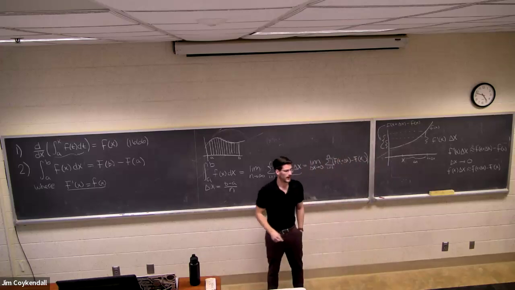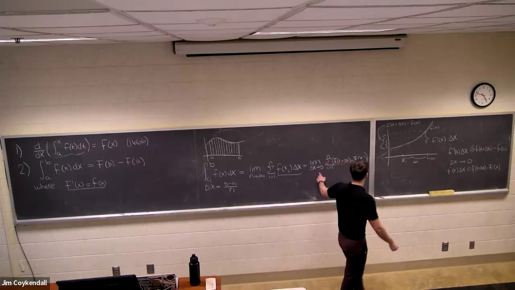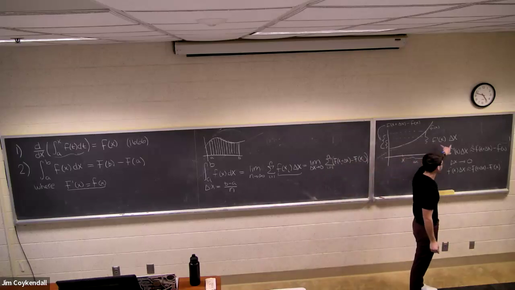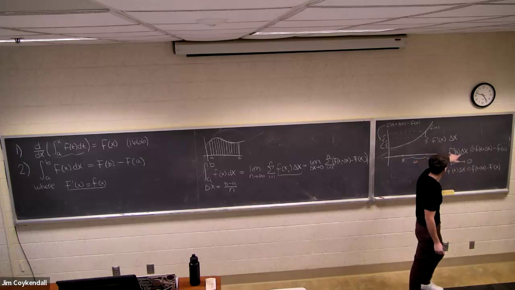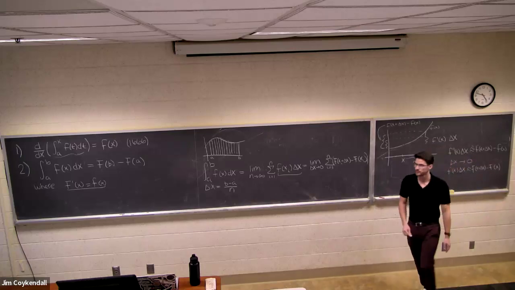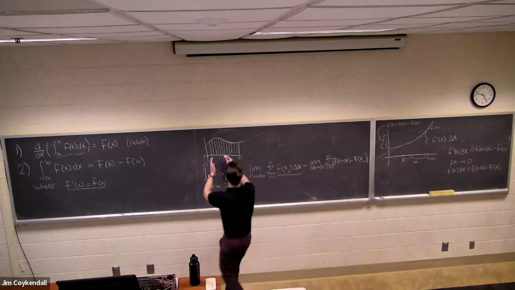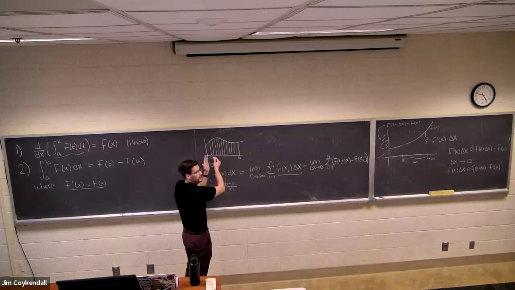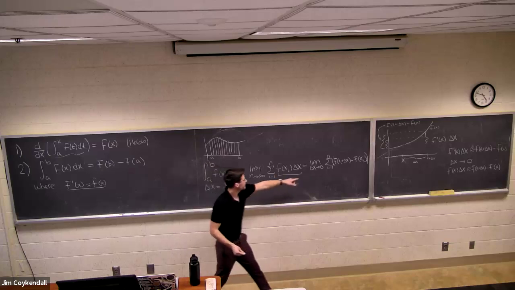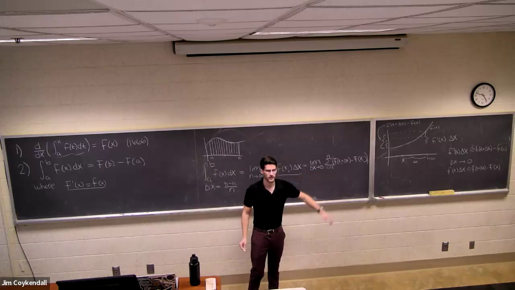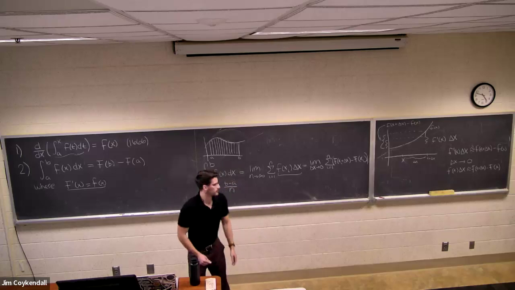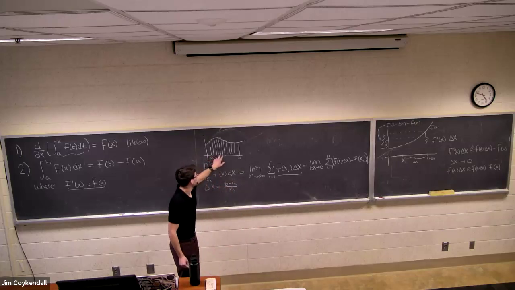So what happens? Well, we showed that in the limit, this, the differential, is very close to this. It's related to the antiderivative. So instead of thinking about adding up areas under the curve, what I'm really doing is adding up how much the antiderivative changed on each interval. So I add up how much it changed from here and here and here and here and here.